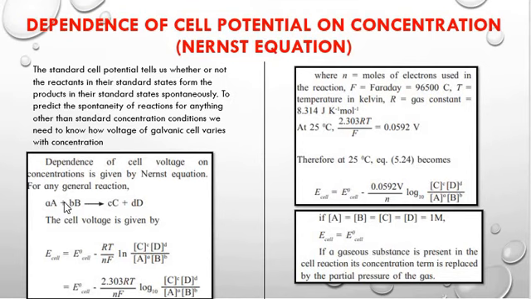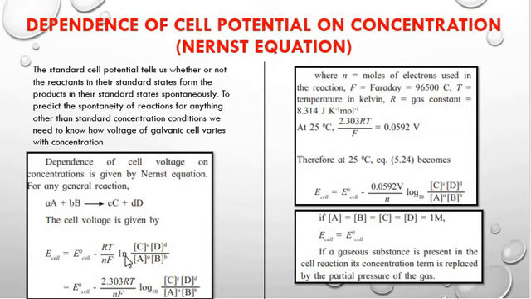Let's suppose this is the general equation, where A and B are the reactants with their stoichiometry, and C and D are the products with their stoichiometry. The cell potential E cell is equal to the standard cell potential minus RT upon nF ln of the concentration of C multiplied by the concentration of D, raised to their stoichiometric powers, upon the concentration of A multiplied by the concentration of B, raised to their stoichiometric powers.